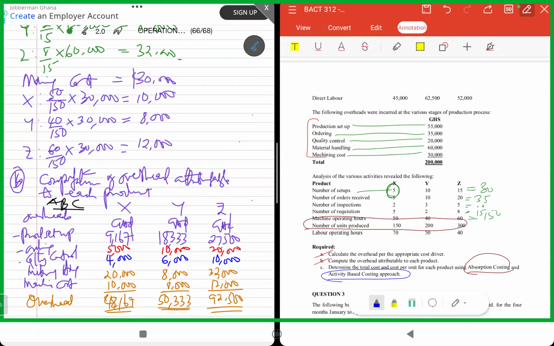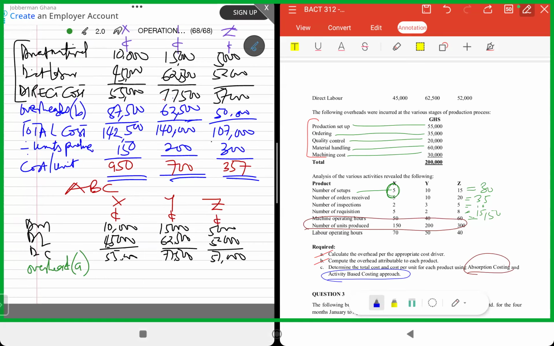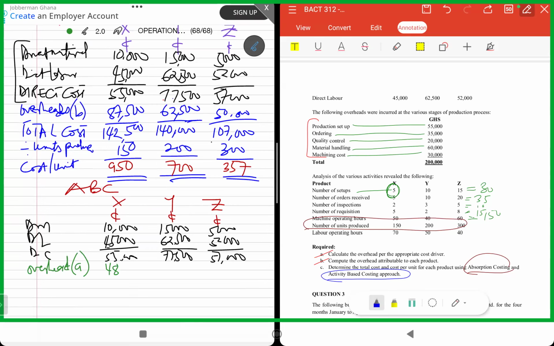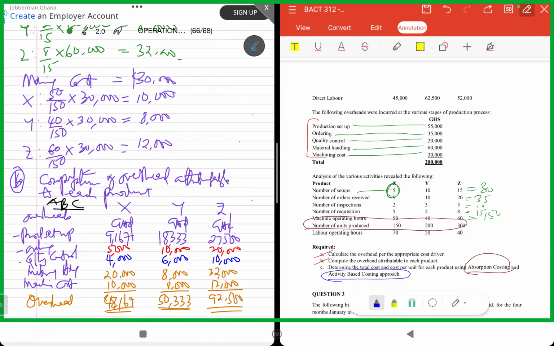You are not looking at it. 48,167. Z. 50,333. Pearl, the last one. I didn't do that one. Just imagine. A, B, C, Z. What is the overhead? 92,500.